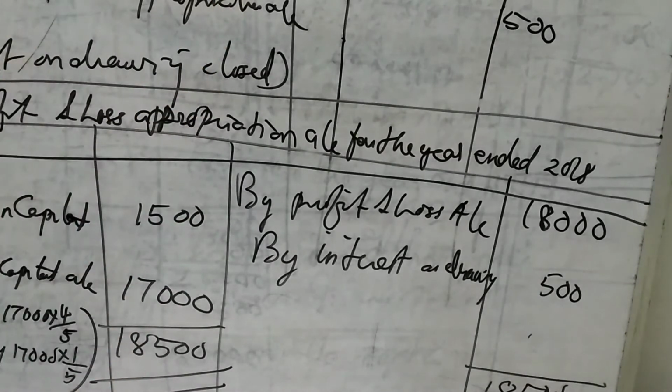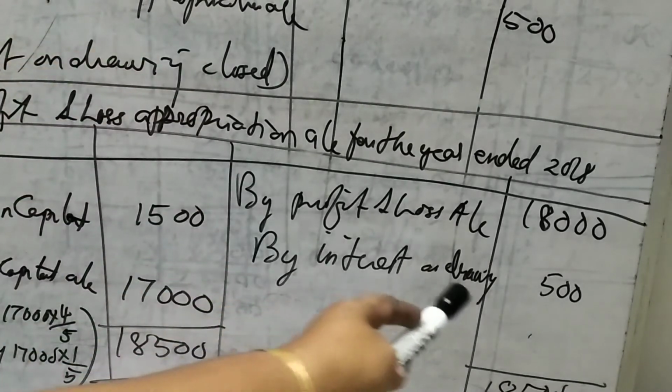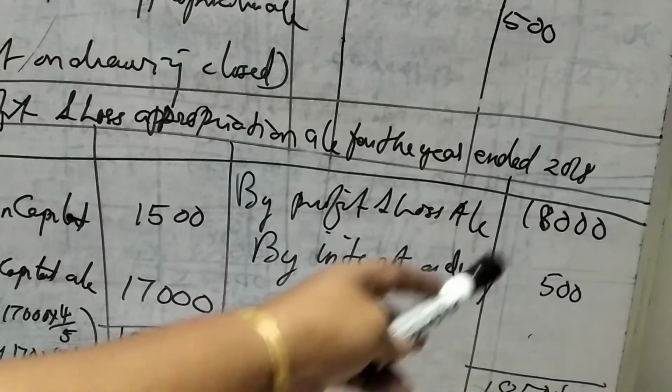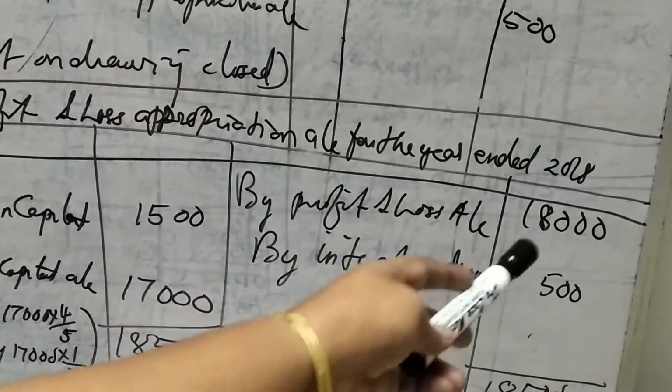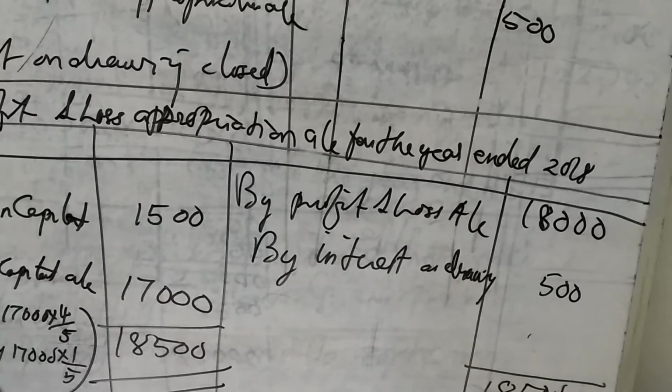Then fourth journal entry: interest on drawings account to profit and loss appropriation, so by interest on drawings 500. Then find out the balance, 18,500 minus 1,500, 17,000. This 17,000 is divided in the ratio 4:1 to Arulappan and Nallasamy. So this is the division, the method of finding out the profit and loss appropriation account.